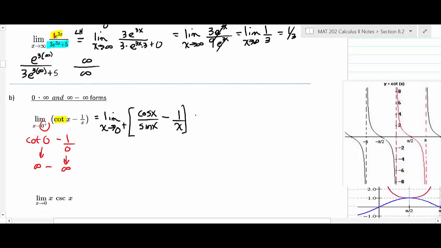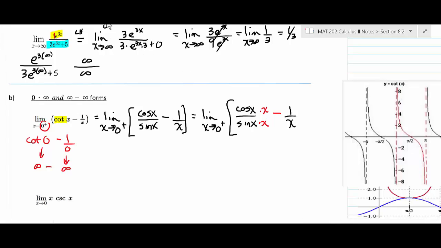So we have the limit as x goes to 0 from the right-hand side. The common denominator is x sine x. So I'm going to multiply this by x over x, and you can do this in your head if you know what you're doing. Then 1 over x, which I'm going to multiply by sine x over sine x.